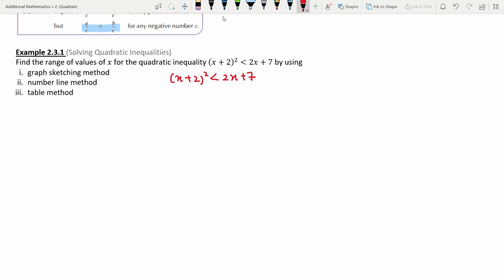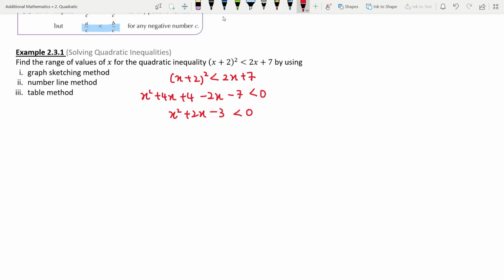Expand the bracket and bring all the terms to one side. We get x squared plus 4x plus 4 minus 2x minus 7 is less than 0. Simplify the inequality. We have x squared plus 2x minus 3 is less than 0.